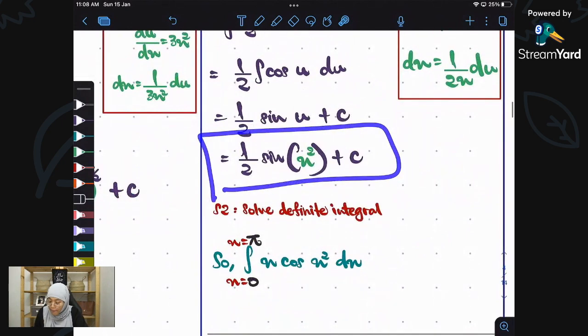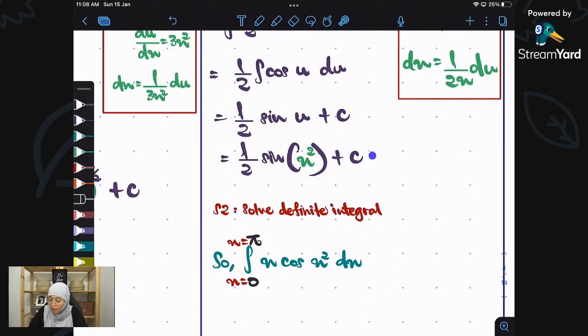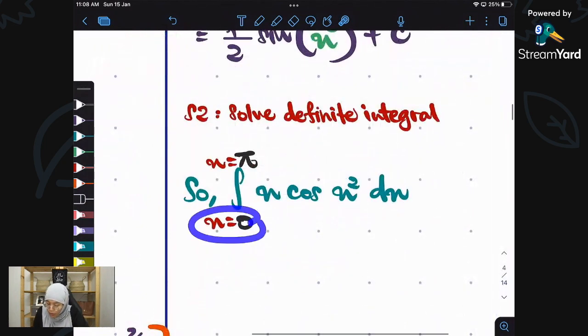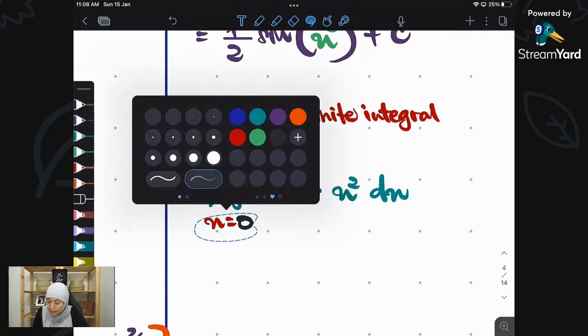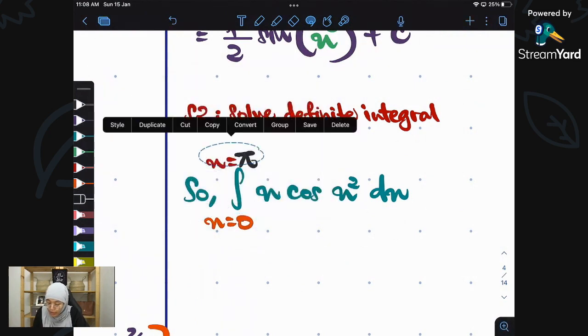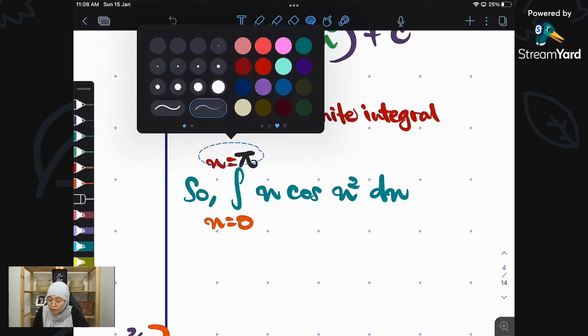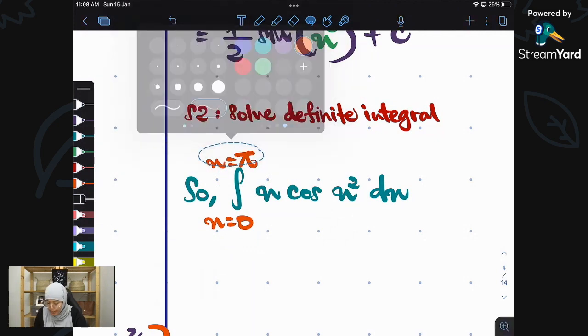And then second step, after I solve this plus C, I can now find the definite integral. I write down the question very nicely again, but then I must not forget to put its limit. Okay, ini limit yang wajib diletak pada step yang kedua, di mana kita berfokus, kita letaklah dia punya limit.